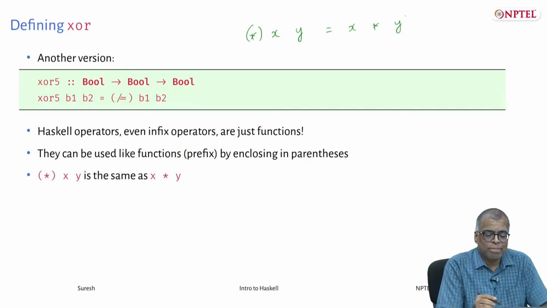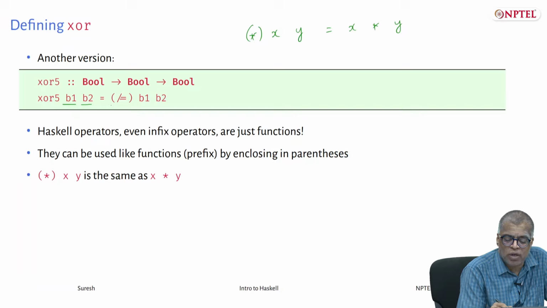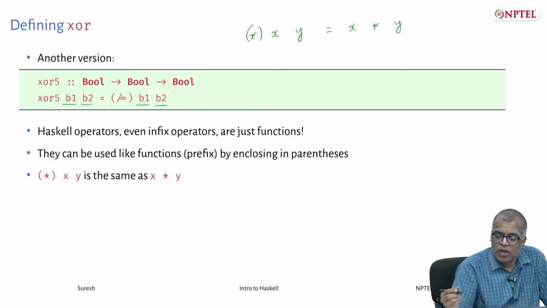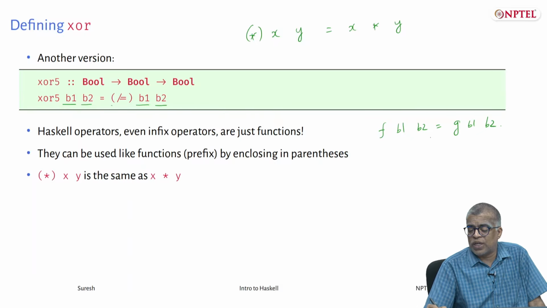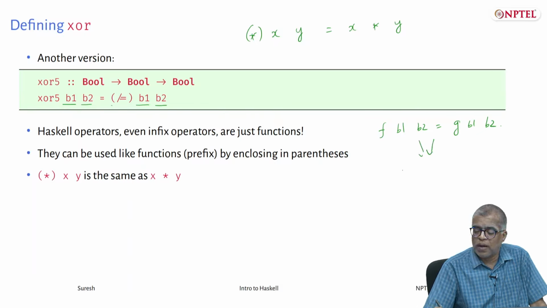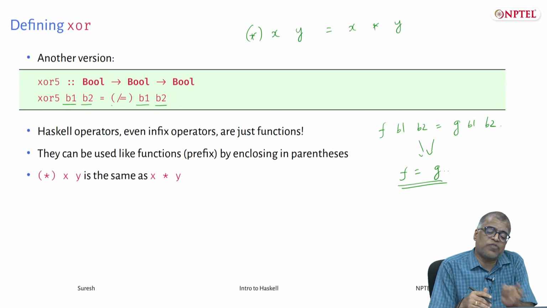Notice this XOR of b1 b2 is the same as not equal to of b1 b2. This is like saying f applied on b1 b2 is the same as g applied on b1 b2. A much more succinct way of saying this is to say that f equals g, so there is no need to specify the arguments.